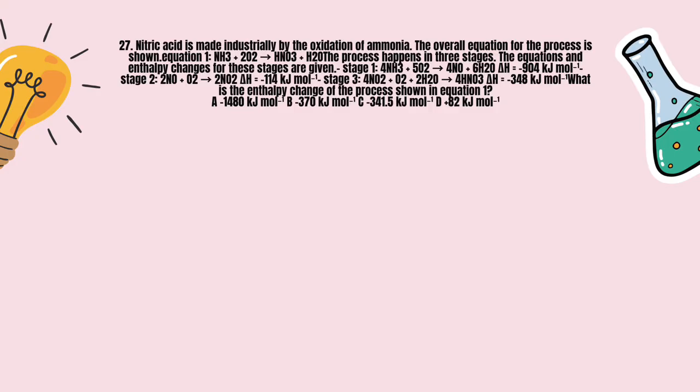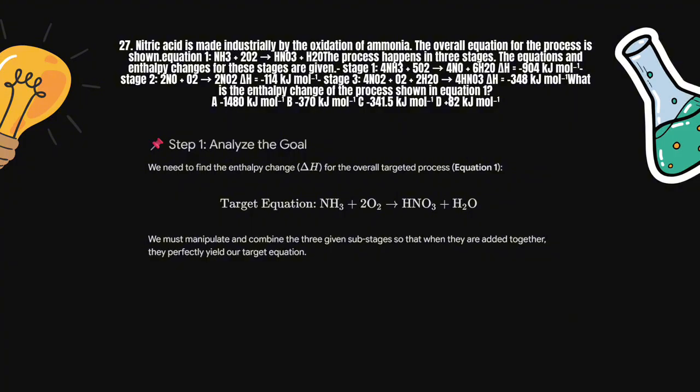Next is number 27. In this question, it's asking about the enthalpy change of the process shown in equation 1. Step 1, you have to find the enthalpy change for the overall target process. You have to manipulate and combine the 3 given substages so that when added together, they perfectly yield our target equation.